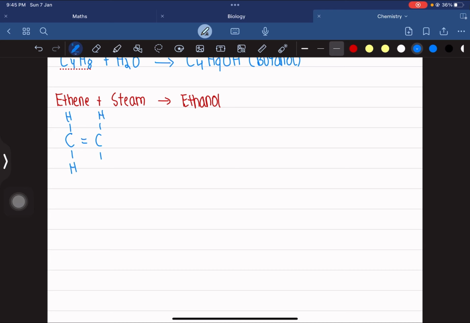Just make sure you draw the bonds correctly, 4 bonds for each carbon. For steam, we know that it is H2O. And for ethanol, we will have single bonds again, because ethanol is a saturated compound, which means it does not contain any double bonds. So this is our ethanol.